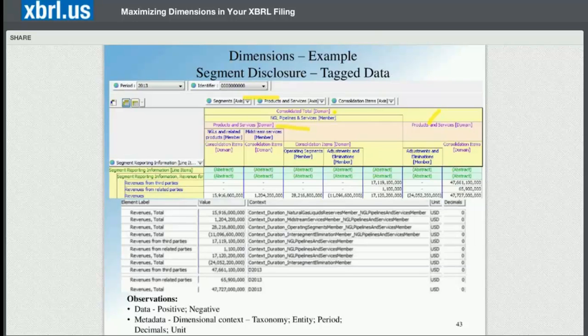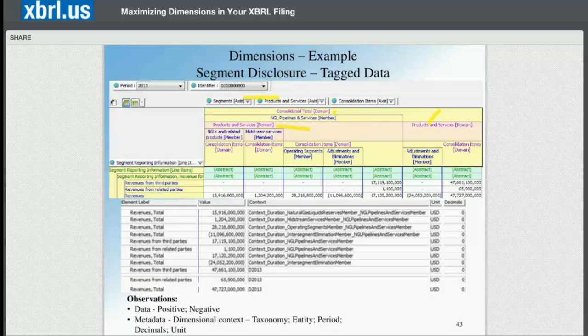Notice that the 11,096 is being qualified as the adjustment and elimination member on the consolidation items axis. And also notice that it's a negative input. Why? Because the 28216 gets the operating segments member because it's the sales of that segment before consolidation. The 11096 gets the elimination member. Why?